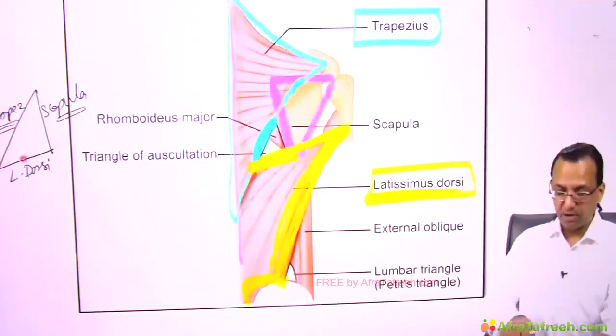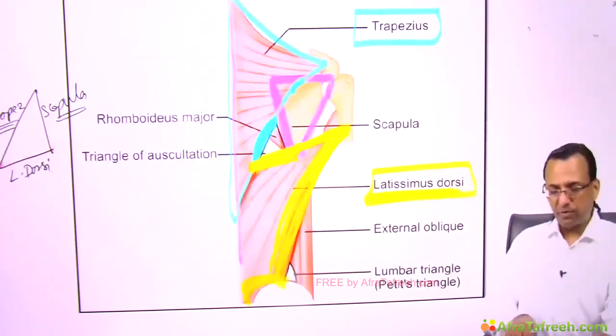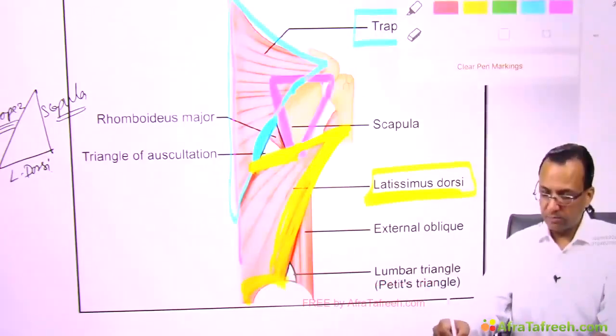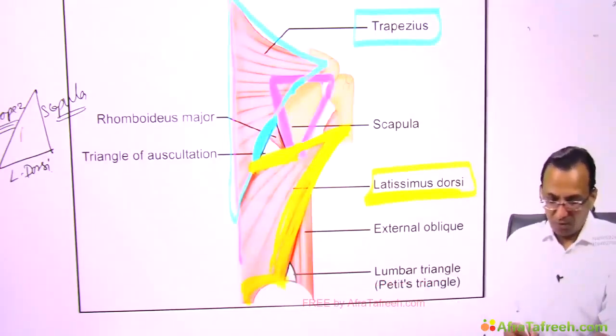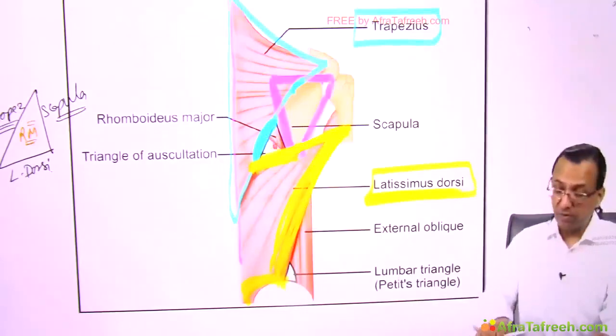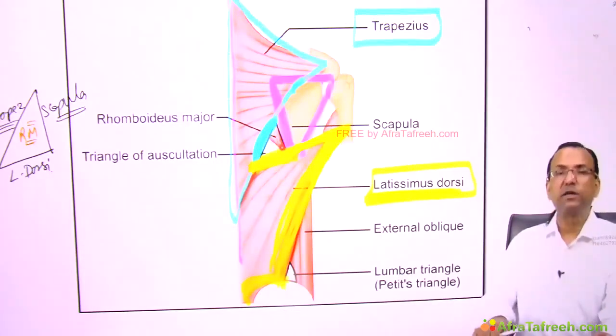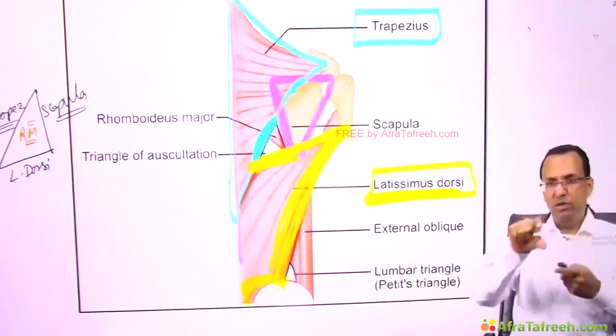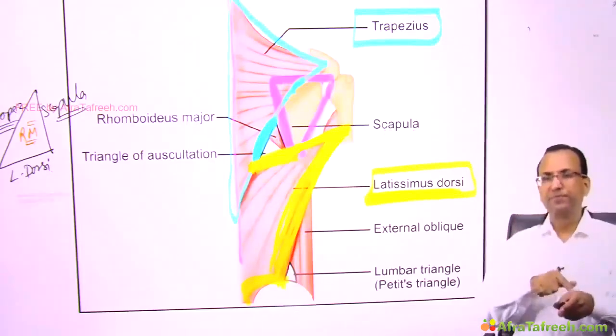What is at the floor? At the floor there are minimal muscles and there is rhomboid major. This floor has minimal muscle, so it is quite good for hearing sounds through the stethoscope.